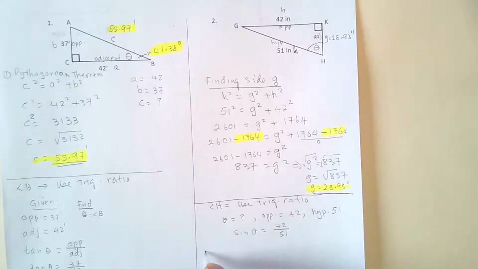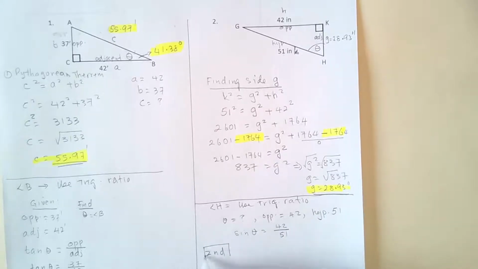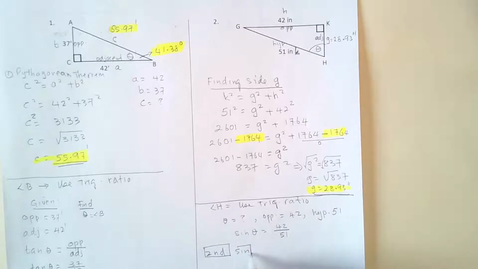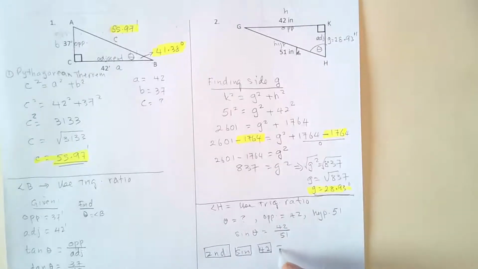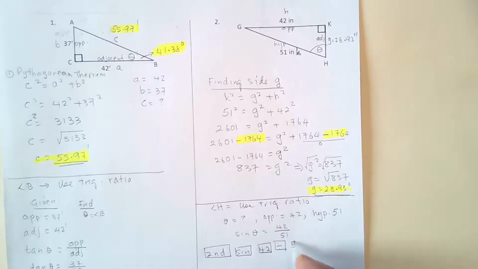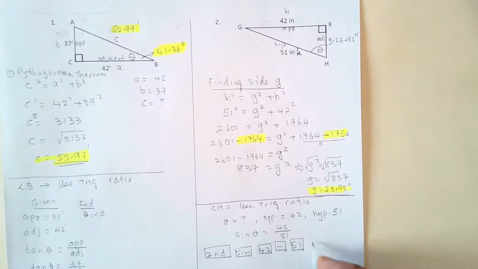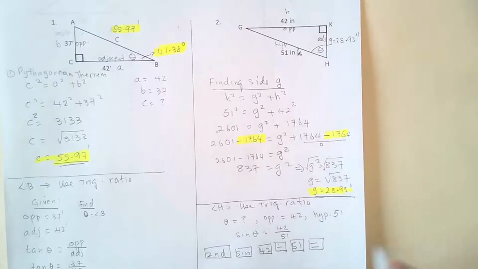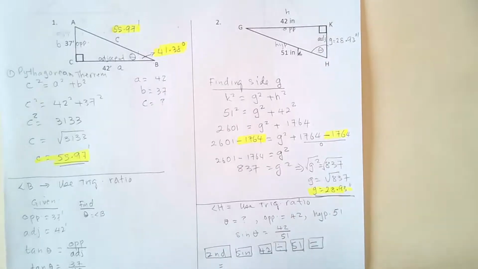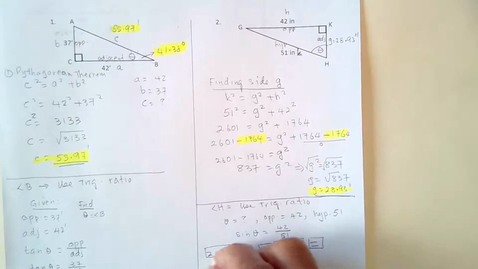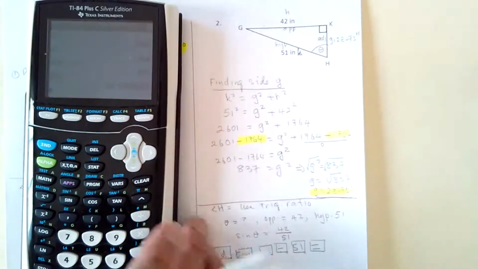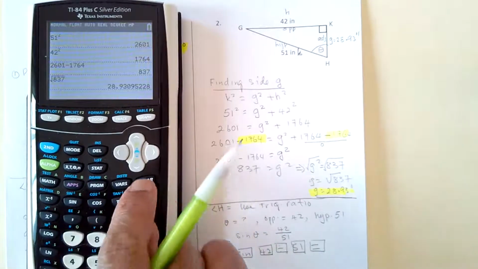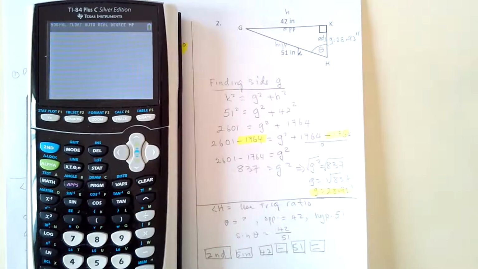Now this is where I'm going to use my calculator. Press second sine, 42 divided by 51, and press your equal button. Let's go to my calculator here and see how it works out. Clear everything off my screen.